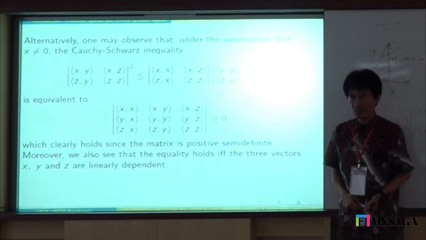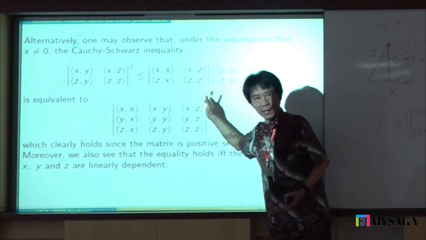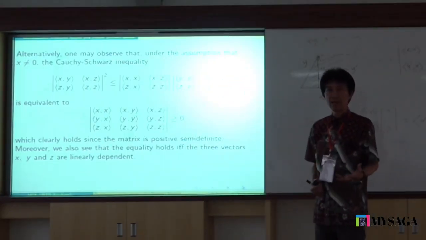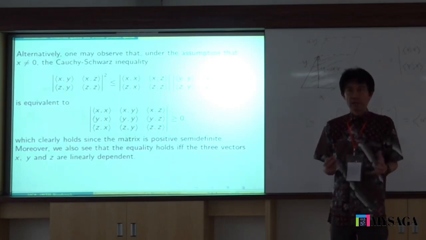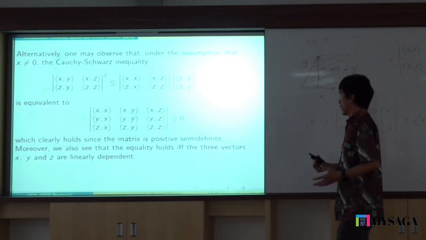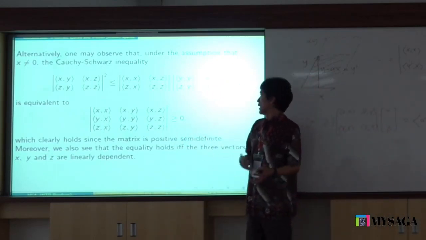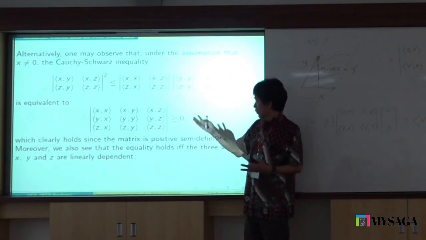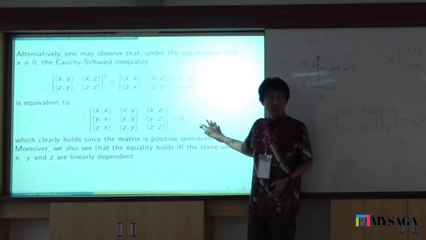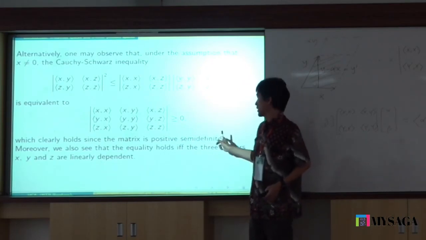determinantal inequality also. So we have now a determinant of a 3 by 3 matrix whose entries are inner products of x, y, and z. All combinations: x and x, x and y, and x and z, x and z, y and x, and so on. Which again clearly holds because the matrix is positive semi-definite.